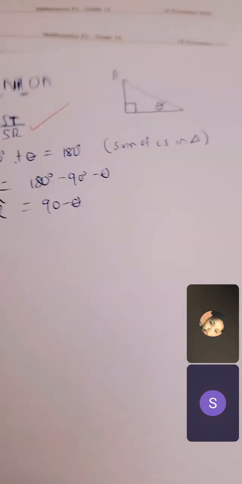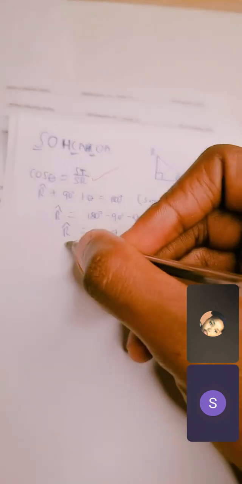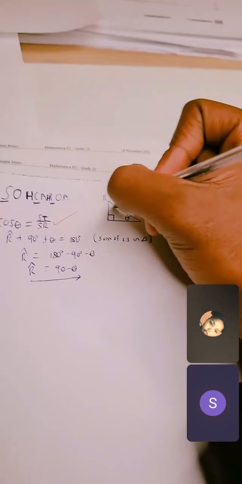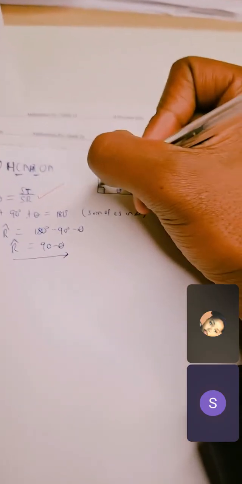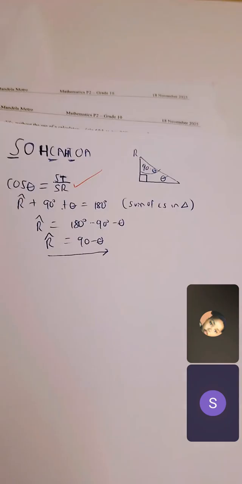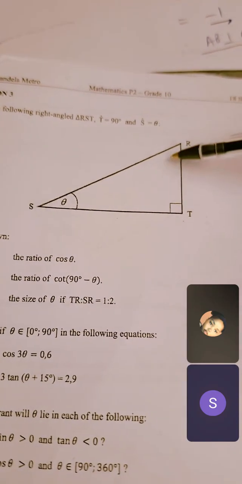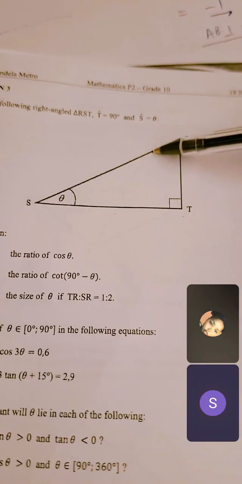What is angle R going to be equal to? 180 minus 90 minus theta, which is 90 minus theta. So it's the third angle, this one. That's theta, that's 90, this is 90 minus theta.